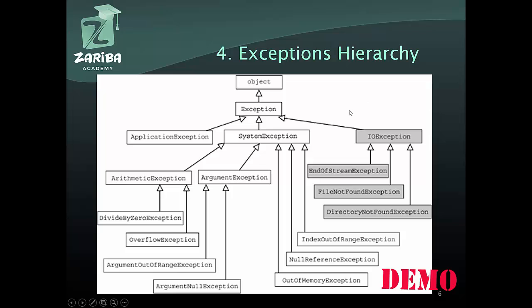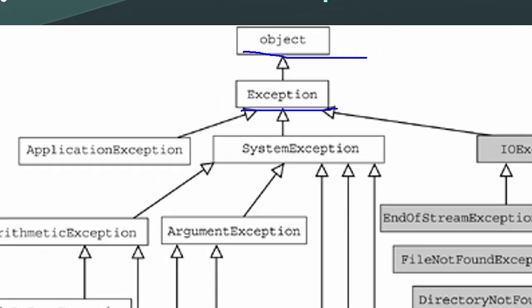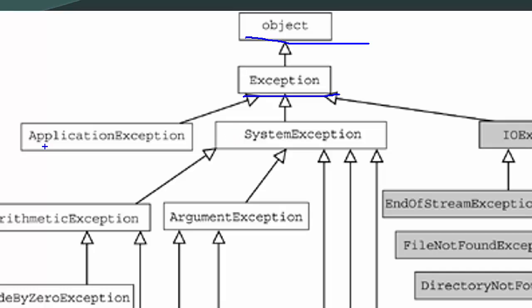Here is the exceptions hierarchy that I mentioned. On top we have the object, we have the base exception, and after that we have ApplicationException. This is something specifically that you write, something like bunny name validation, or if you're into banking, then something there as well, with the accounts, deposits, and so on.